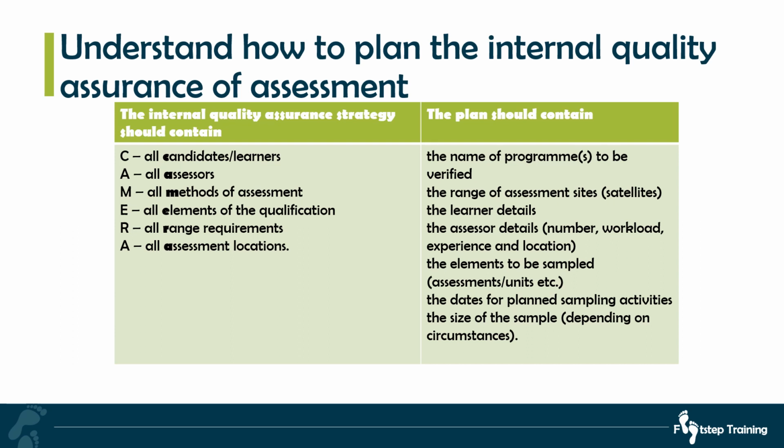For a green assessor, you might only observe them a few times. You might also only sample a lower percentage of their portfolios, such as 40%. This means if they've got 10 learners on a course, you'll only look at 4 of the portfolios.